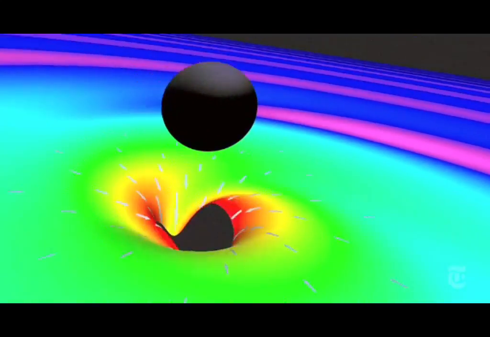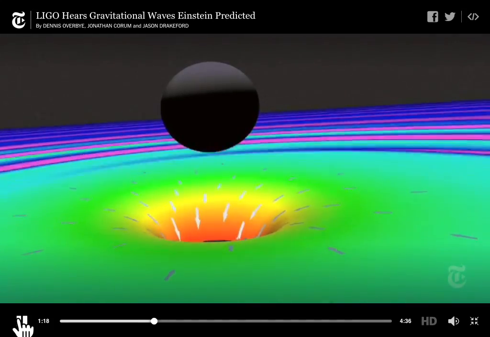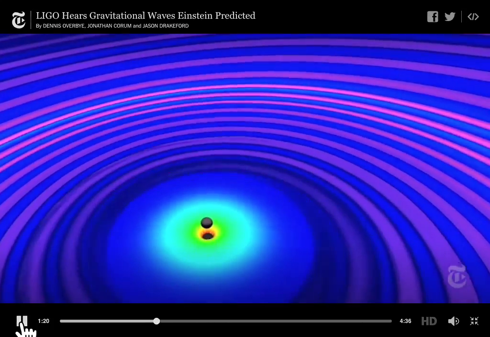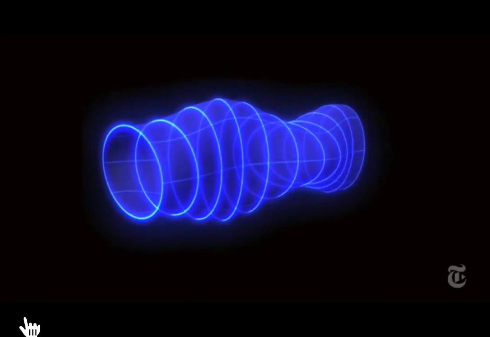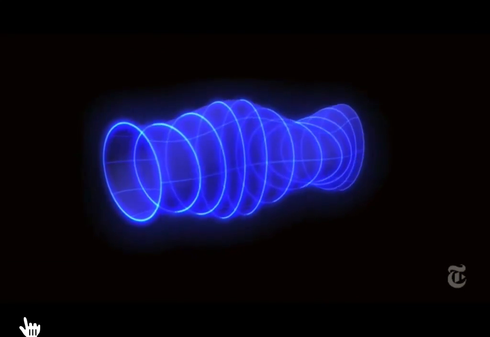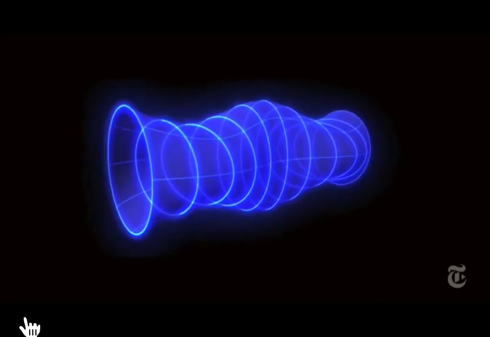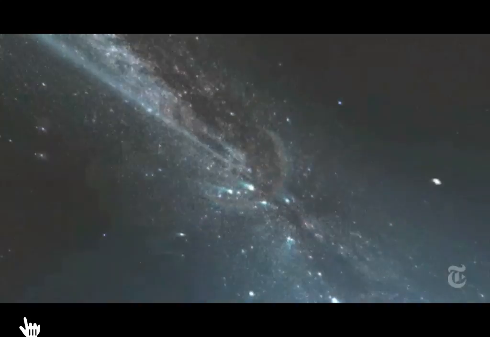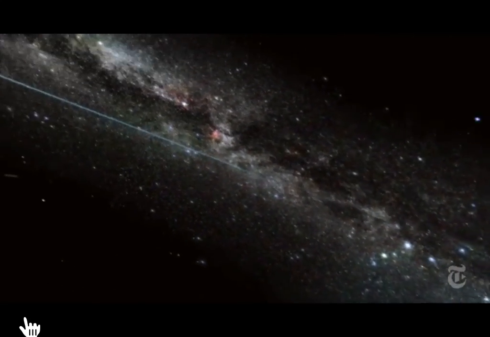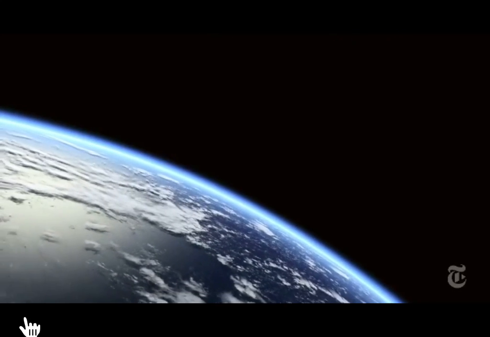That energy is still spreading outward in the form of gravitational waves, space-time distortions rippling across the universe at the speed of light. As a gravitational wave travels, it compresses space in one direction and stretches space in the other, like sound going sideways. This push and pull weakens with distance. The wave fades to a whisper, so faint that physicists long thought that gravitational waves would never be measured on Earth.